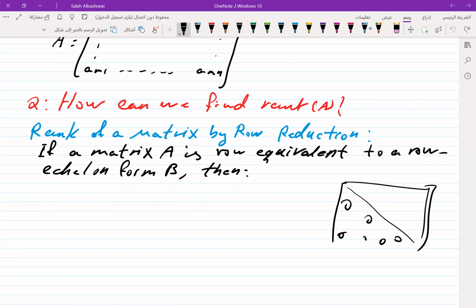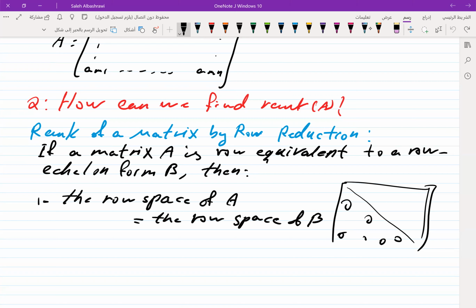Now, if you have a matrix A row equivalent to a row echelon form B, then number one, the row space of A equals the row space of B. Row space means any vector can be written as a combination of these rows.